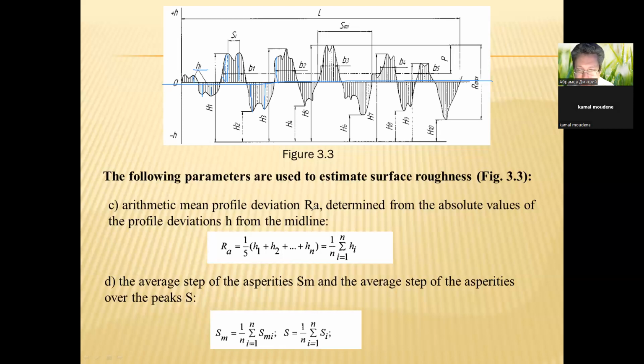Then you use the formula that we use to calculate parameter R suffix A. It's the arithmetic mean profile deviation. We use all these H, the sum of H, and we divide by the number of these parameters.